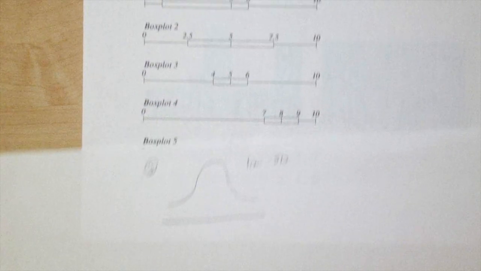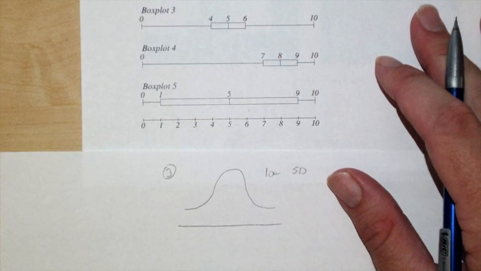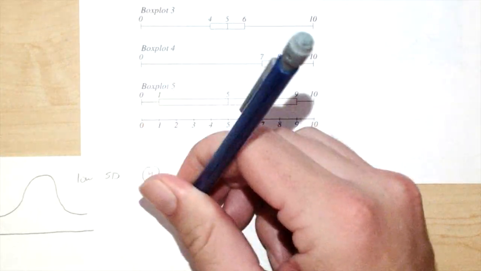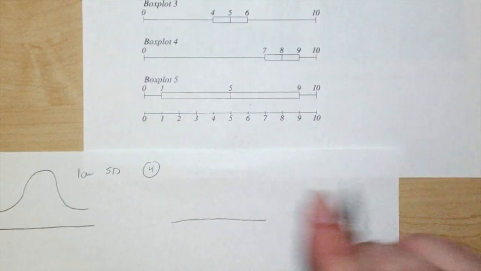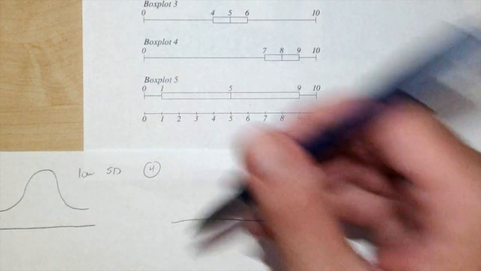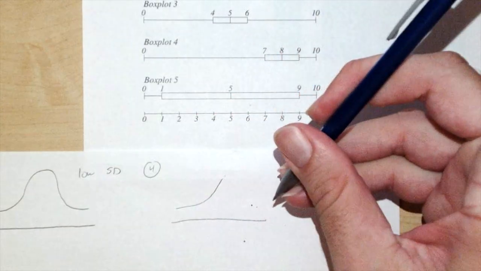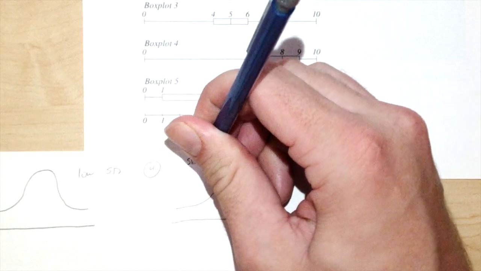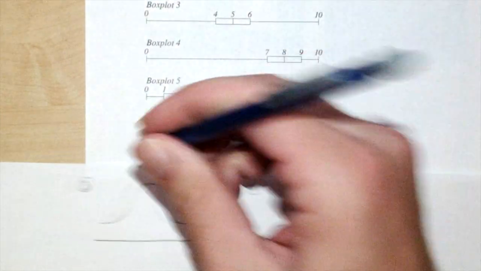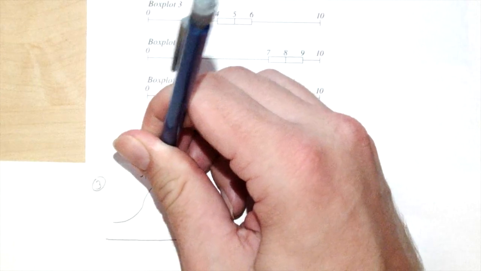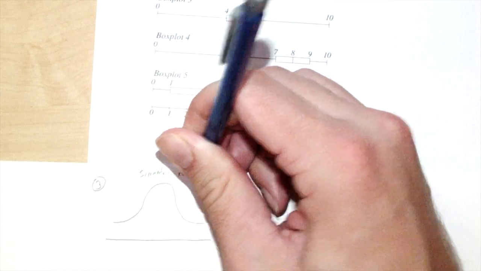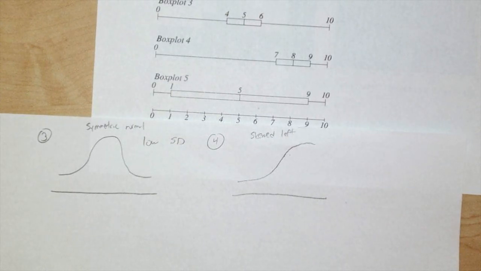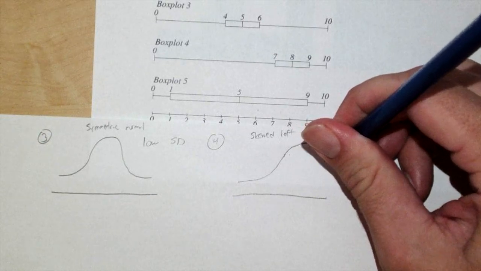But let's look at the next two. The next two are more standard, so I gave you some hard box plots here. But if I was to estimate 4, all the data is on the right side. And a skewed distribution is usually going to be a medium standard deviation.